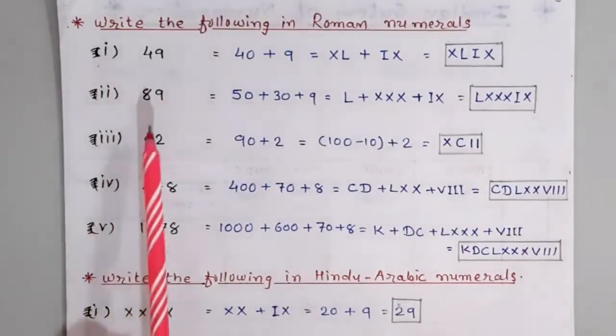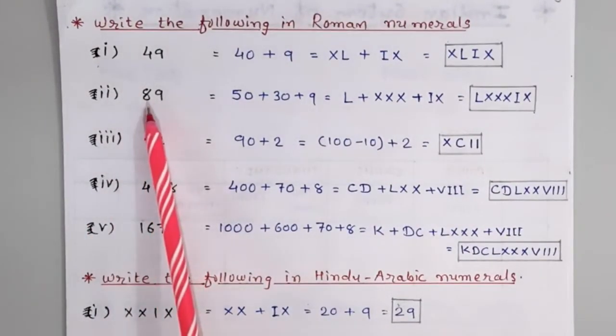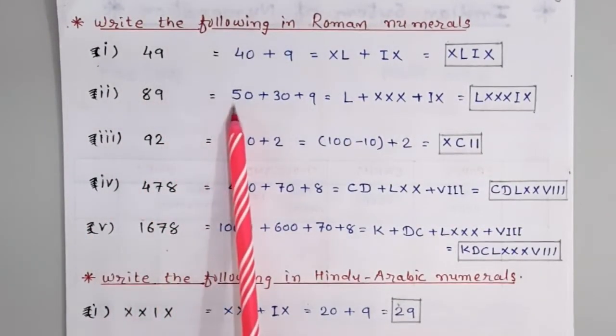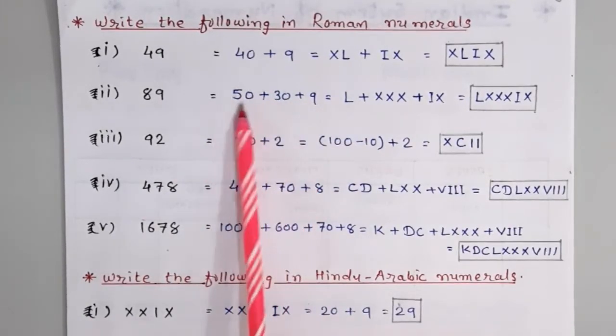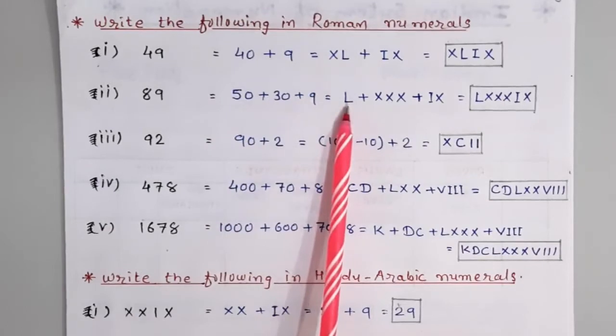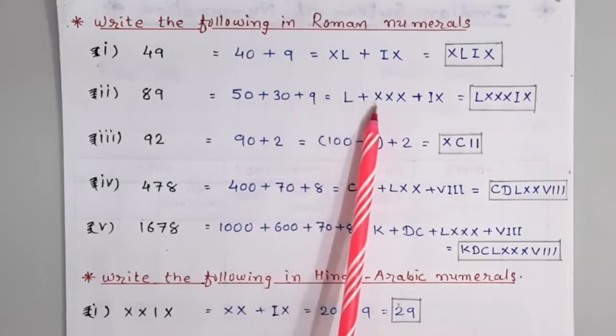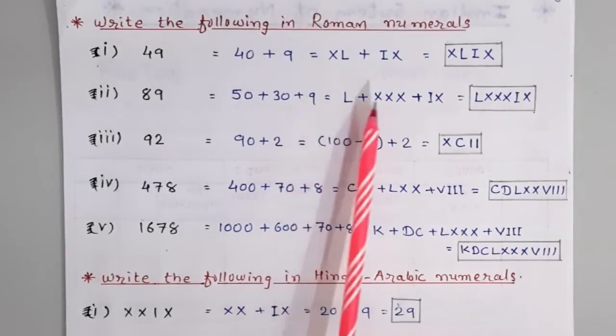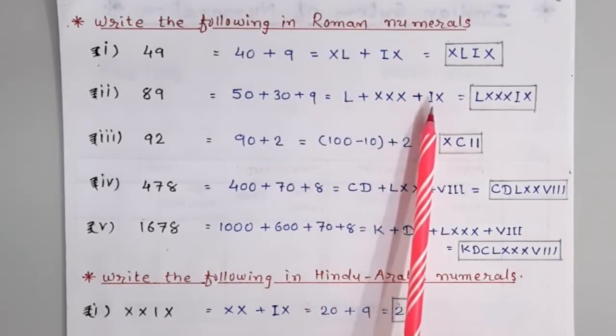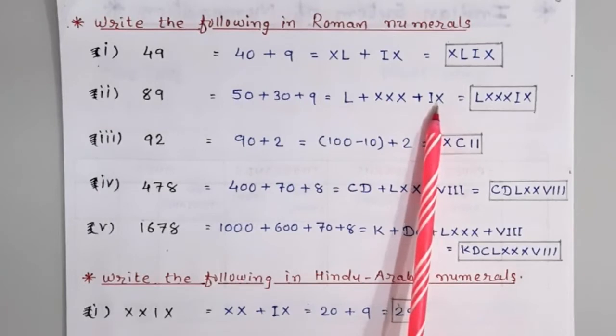Now see carefully, 89. 89 splits up into 50 plus 30 plus 9. 50 means L, 30 means X, X and X, and 9 can be written in Roman numerals as IX.